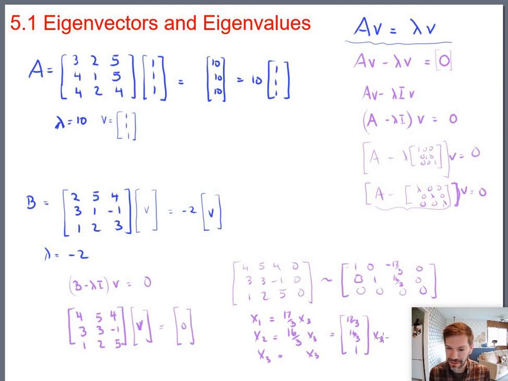So just for convenience sake, I might pick x3 to be 3 and say that the eigenvector that goes with negative 2 would be 17, 16, 3.